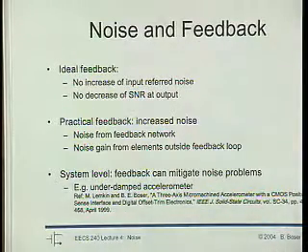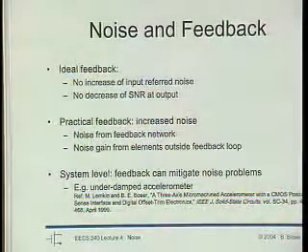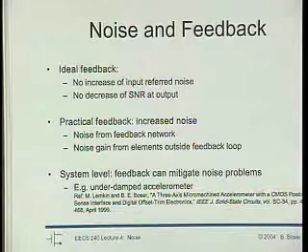If we leave the amplifier open loop, it may have a gain of 1,000. We get more noise out, but we presumably also get more signal out. If we use feedback, we reduce the gain both for the noise and for the signal. And input referred, there really hasn't been any change. Another way to say it is that the signal to noise ratio really hasn't changed. In the ideal case, feedback doesn't change the picture of noise.